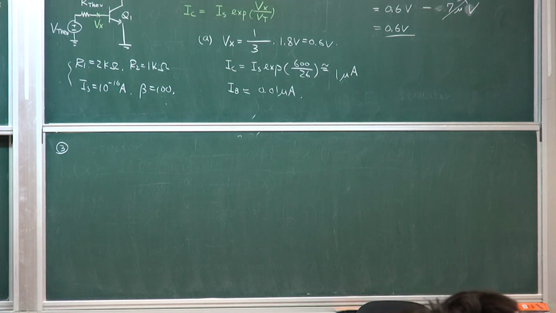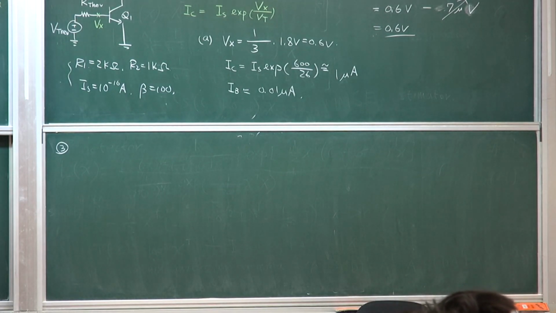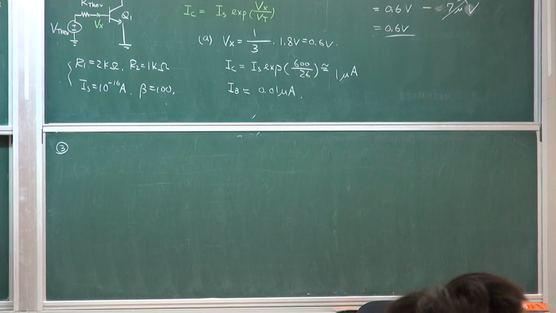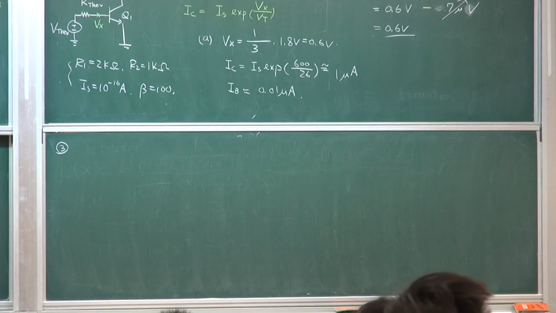So then larger delta R. So that's the stability consideration, how you can improve stability.